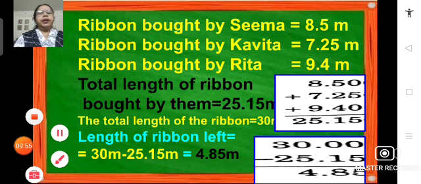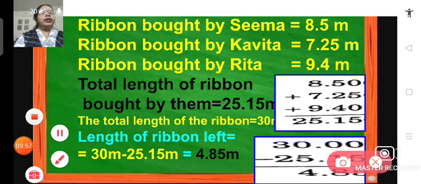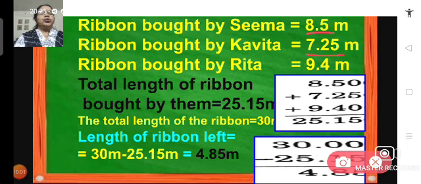So the ribbon bought by Seema is 8.5 meter. Ribbon bought by Kavita is 7.25 meter and ribbon bought by Rita is 9.4 meters. So, total length of ribbon bought by them, by adding these three, will be 25.15 meters. Now, total length of the ribbon, what was it? It was 30 meters.